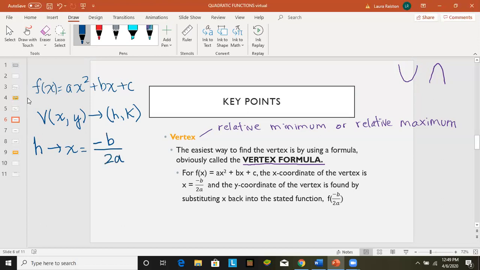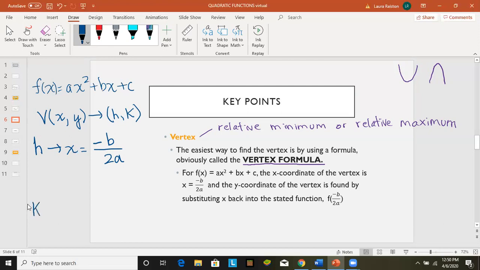And again, I have that formula written over here to the side. So to find the h coordinate, which is the x value of the vertex, we do the opposite of b over 2a. And a and b come from the formula itself.